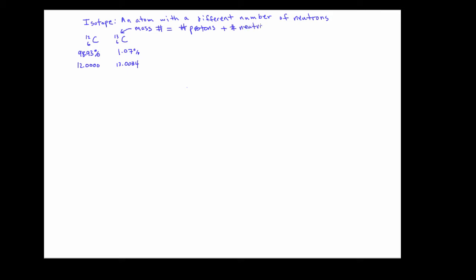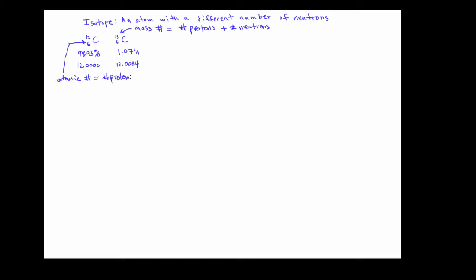You can determine the number of neutrons easily by taking the difference between the mass number and the number in the lower left-hand corner, which is the atomic number. The atomic number, hopefully you'll remember from the beginning of your classes, is equal to the number of protons.